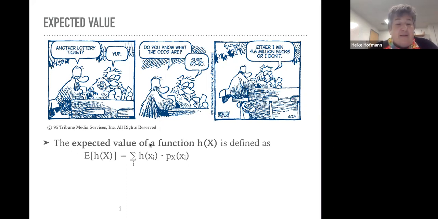The expected value of a whole function of x, so function h of x, is defined as the value where we list all of those potential outcomes, multiply them with the probability in which each outcome occurs, and then sum over all of them. So the expected value is nothing but a weighted average. The outcomes are listed by h of x, and the weighting comes in through the probabilities.